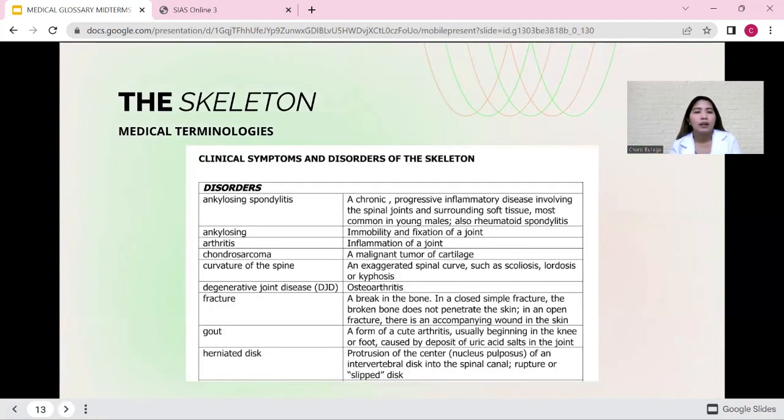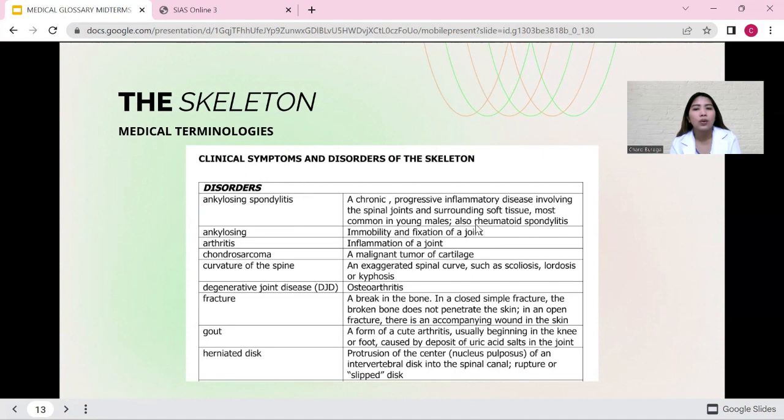Another medical terminologies, the ankylosing spondylitis. When you say itis, inflammation. So it is a chronic progressive inflammatory disease involving what? The spinal joints. Spondylitis, spinal joint siya, inflammation, and surrounding soft tissue, most common in young males, o kagaya nyo.